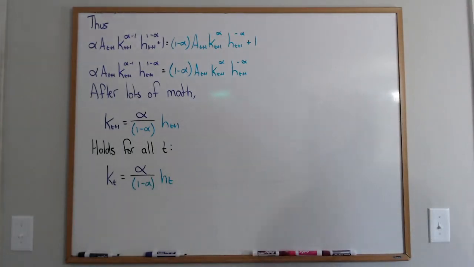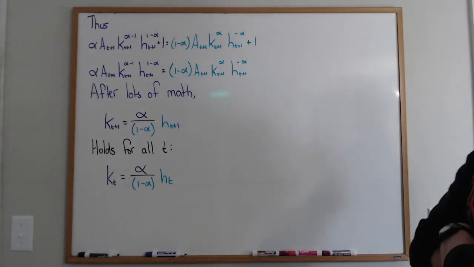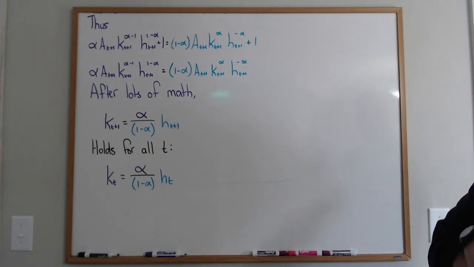So it holds for t, t plus 1, t plus 2, t plus 3, t plus 4, all the way to infinity, if we are in equilibrium.